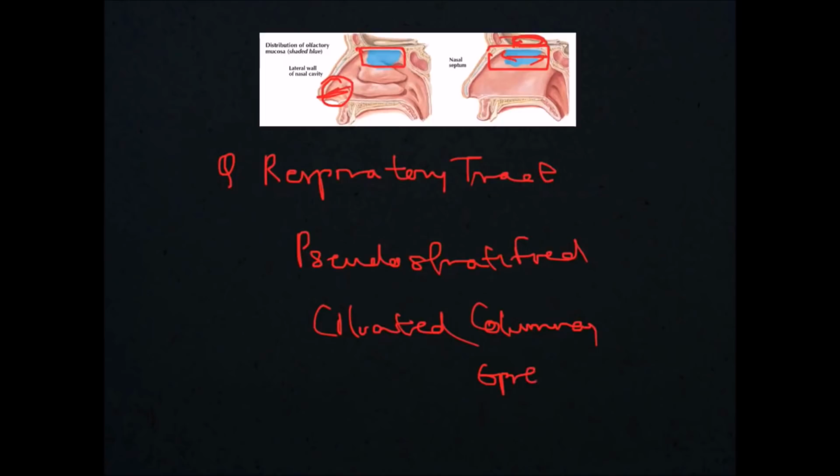So very simple, it is lined by the pseudostratified ciliated columnar epithelium. It has a particular name. It acts like a membrane in the nasal cavity and is named the Schneiderian membrane.